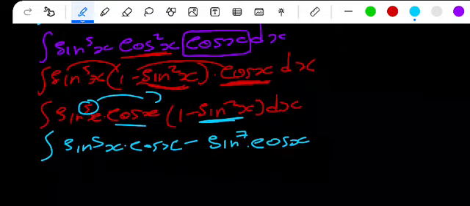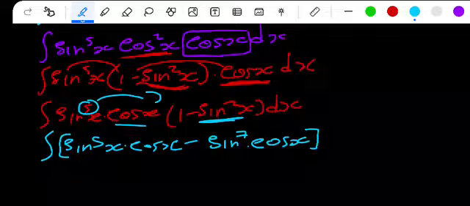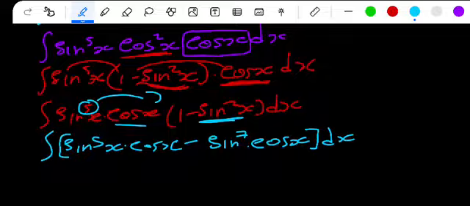So this is what we have now, all of these dx.